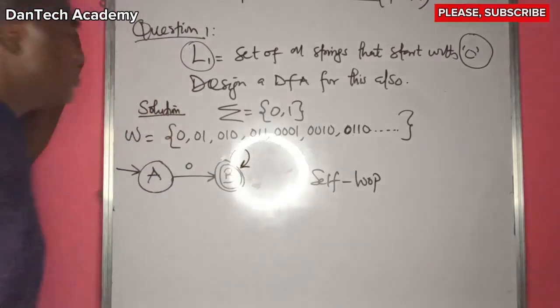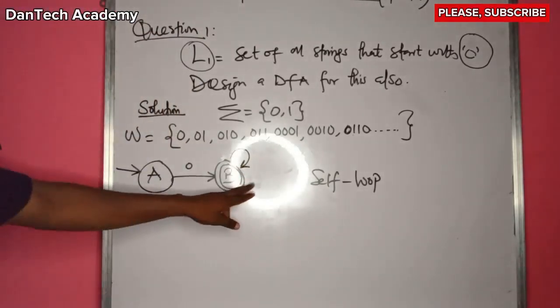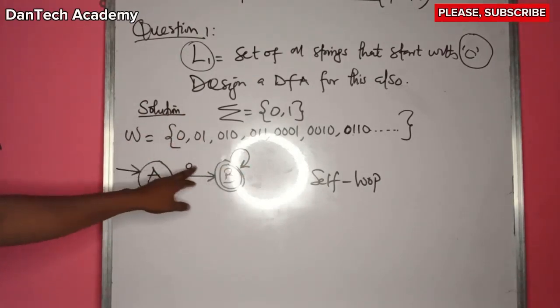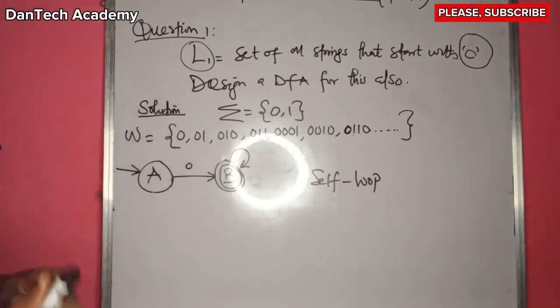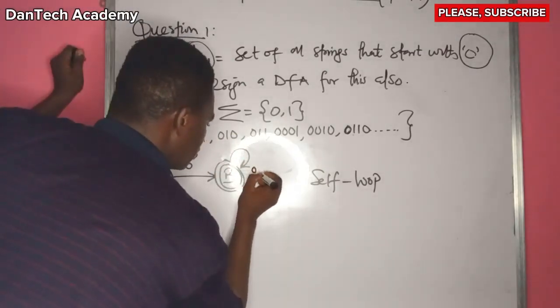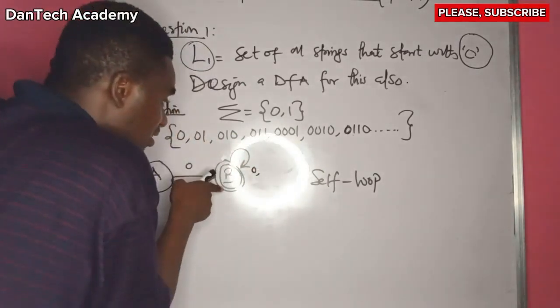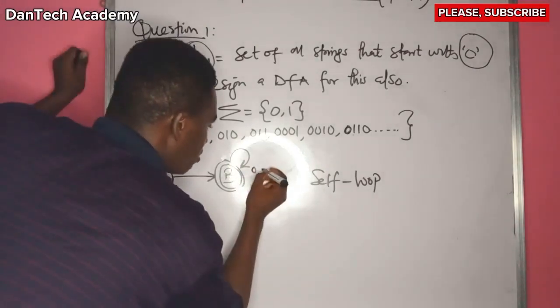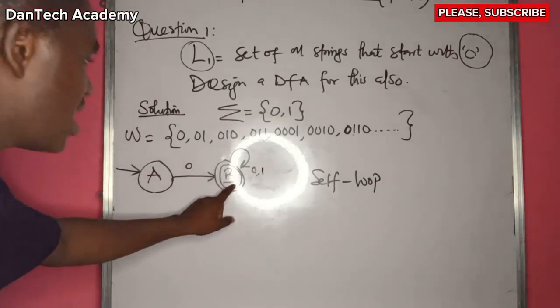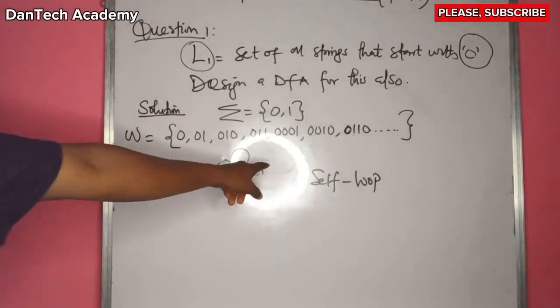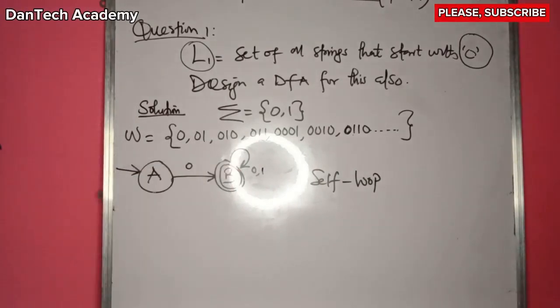Since we have gotten to the final, from this A we have 0, we move to state B. Ask yourself, if I have another 0, and from this state B, if I have input of 0 or input of 1, where will it go to? It can't move from here to another state. So what will happen is that we want it to remain in that state B because that's the final state.